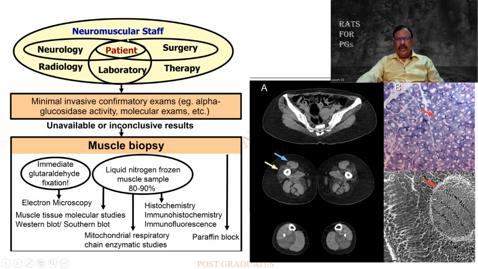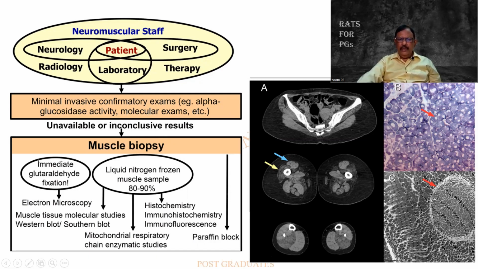And they all try to address the patient as a whole. With minimally invasive confirmatory exams, if they are not able to make any diagnosis, then they proceed to the muscle biopsy, because you are not able to get any conclusive result with all the previous things. So do a muscle biopsy.